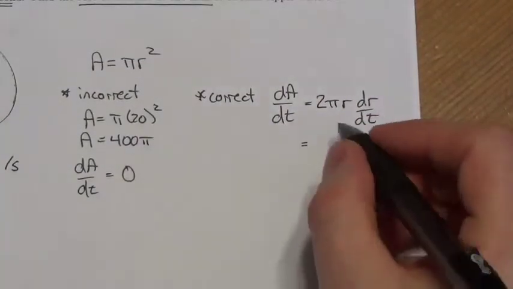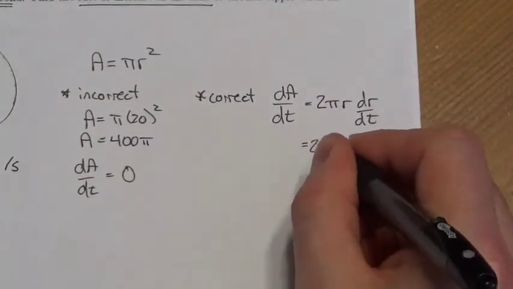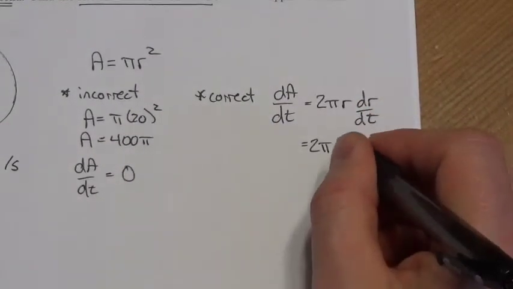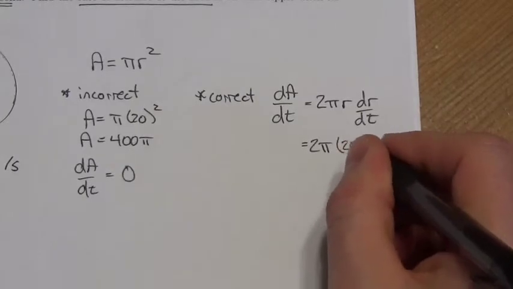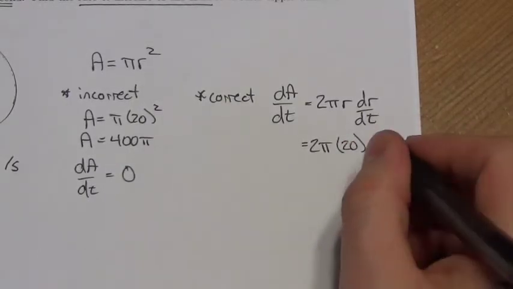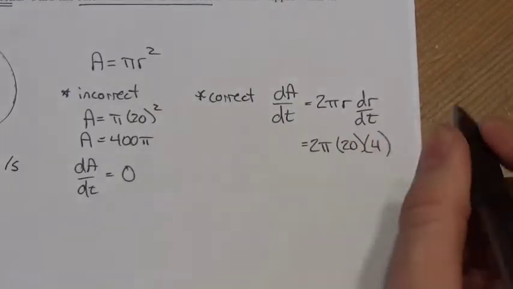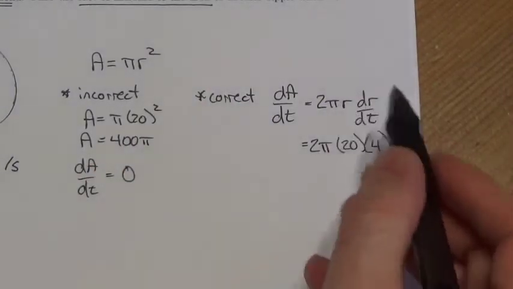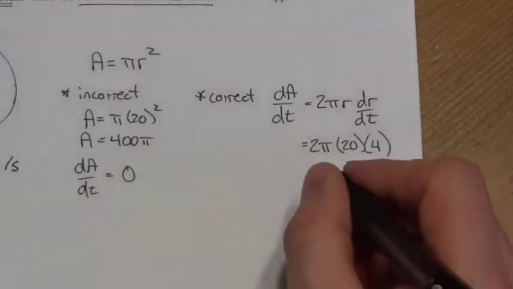We are looking for dA by dt. Now that I've taken the derivative, I can plug in the values of the variable. I know that r is 20, and I know that dr by dt is 4. If I wait until after the derivative to plug in these values, then I have the dr by dt there.